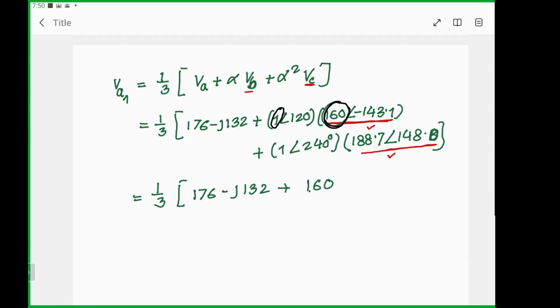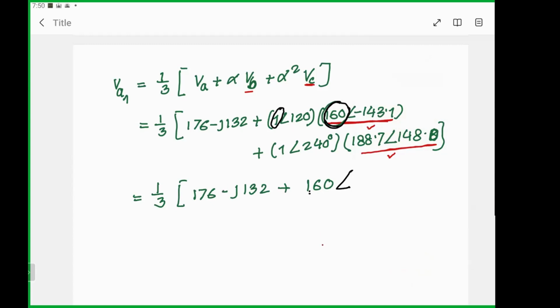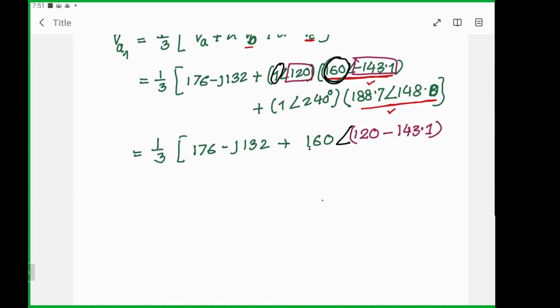So that gives 160, and this angle is 120 minus 143.1. This is the angle for this quantity. Then plus, this one will be multiplied with this one.